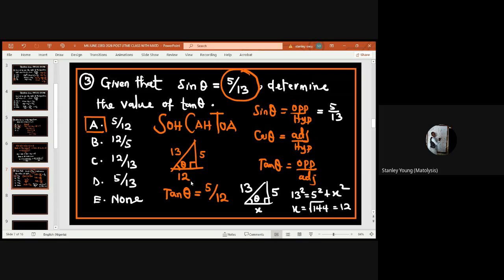So that gives you the third side of this triangle as 12. From there, you can get your tan theta, which the question requests. Since the opposite is 5, the adjacent is 12. That gives you 5 over 12.